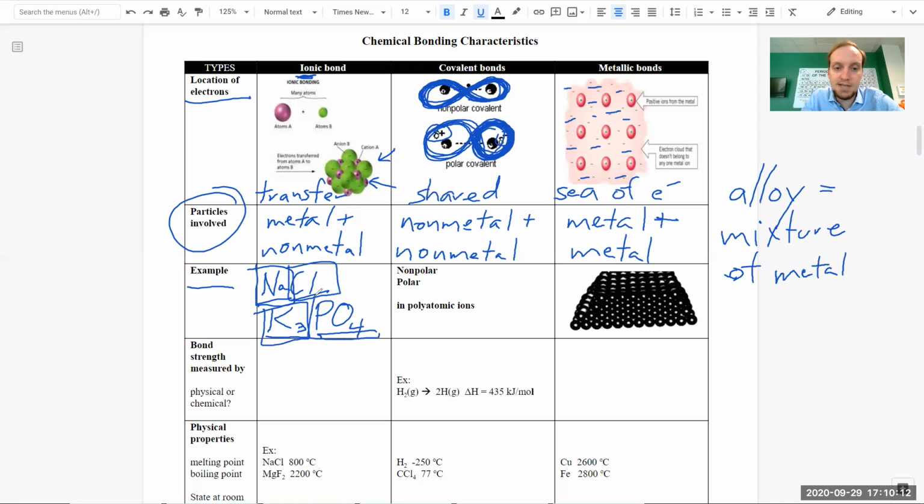The non-metals go second. That's the way it always is. Metals go first. They're positively charged. The non-metals go second because they are negatively charged, right? Basically the same order as the periodic table. The left, then the right. Metals followed by the non-metals, always, always, always for ionics. Again, the sodium would be positive, the chlorine would be negative, the potassium would be positive, the phosphate would be negative.